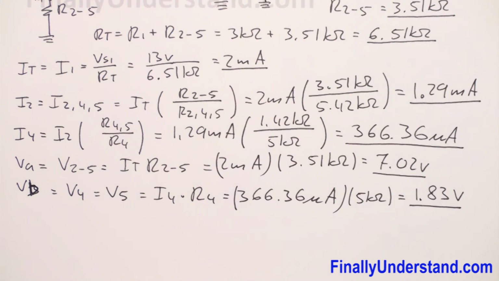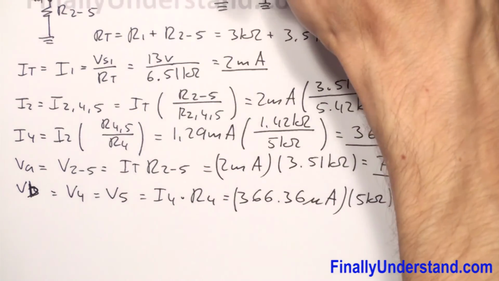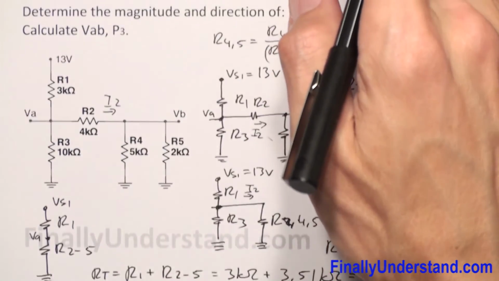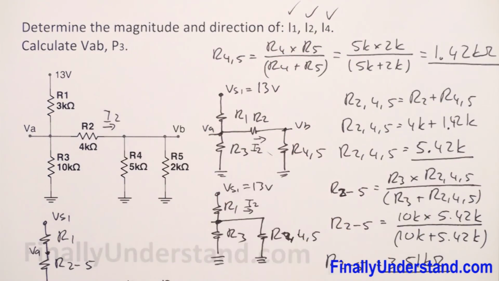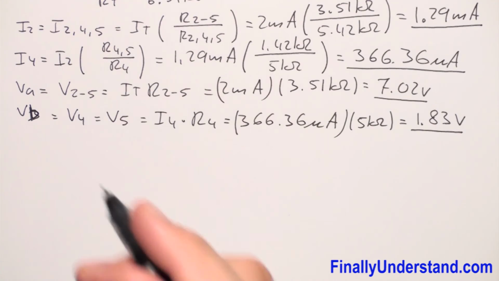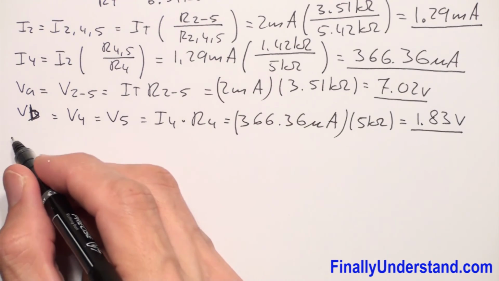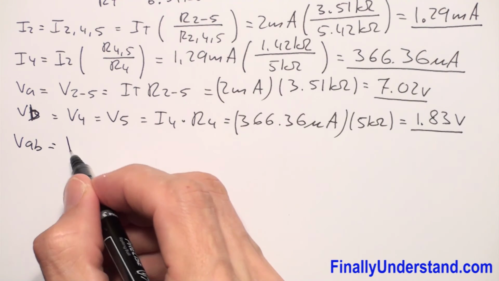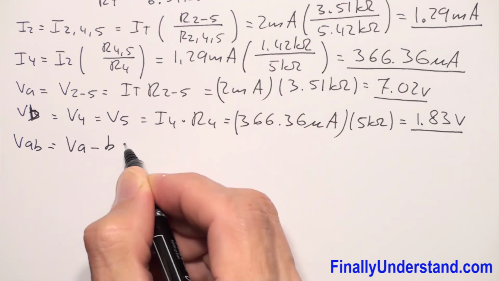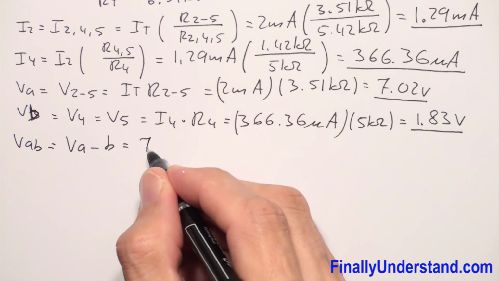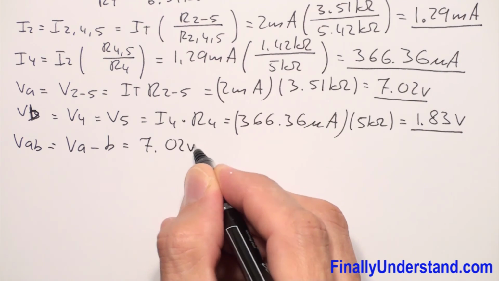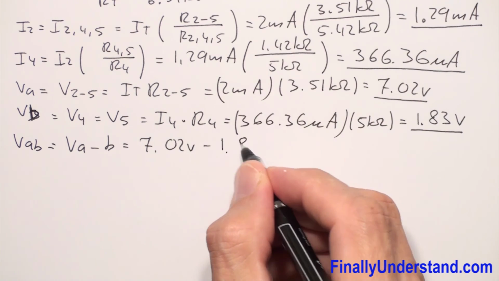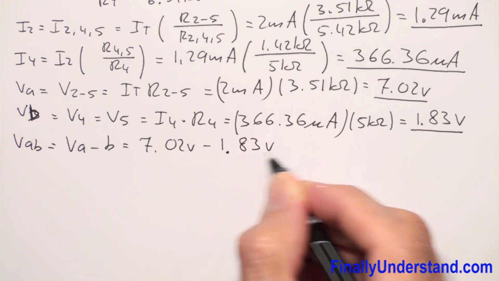So in order to find VAB, because the problem is asking me to find VAB, I'm supposed to just find the difference of these two voltages. So VAB is equal to VA minus VB. VA is equal to 7.02 volts minus 1.83 volts.